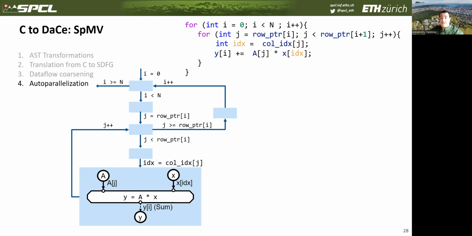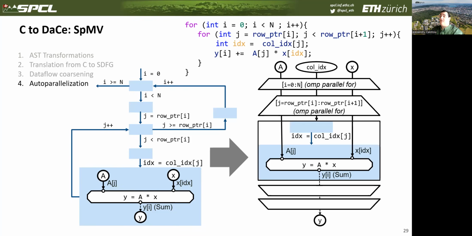With these transformations, we can now proceed to the final step, which is auto-parallelization, transforming the code from this serial version to one where we have expressed the parallelism of the code in a parallel scope. This can then be turned, for example, on a CPU into OpenMP parallel for loops, or on a GPU into a CUDA kernel, and so on.